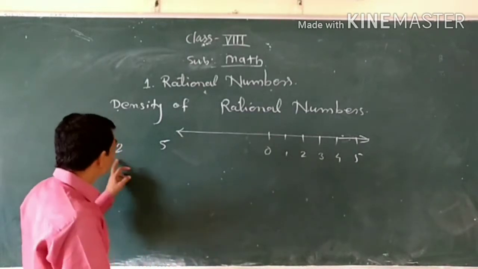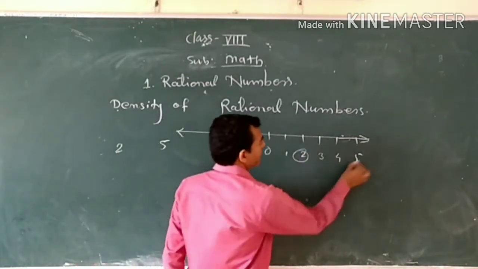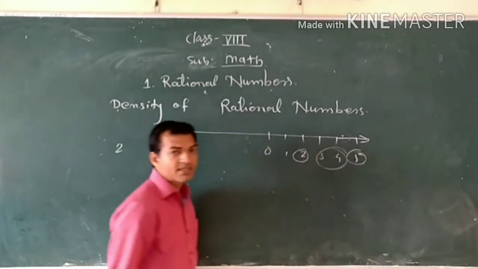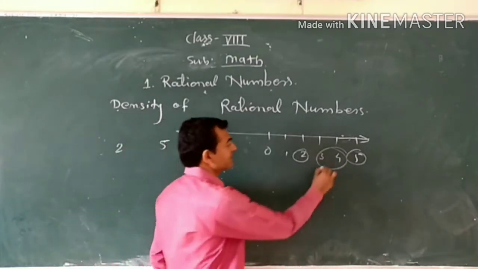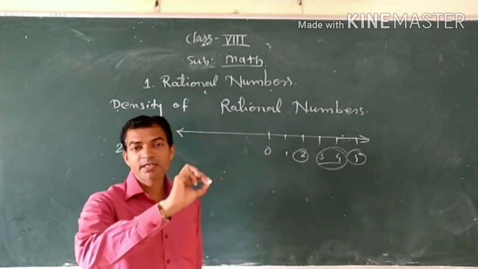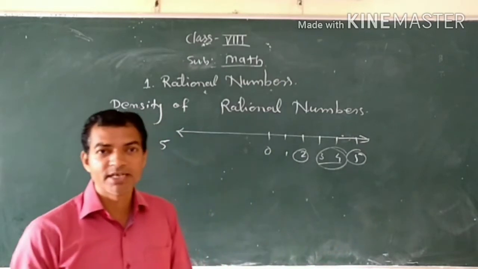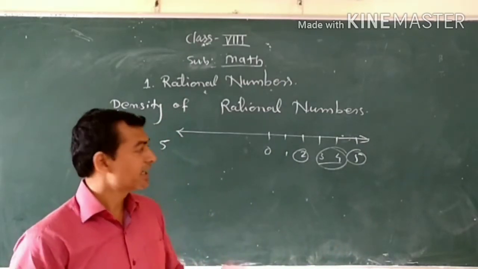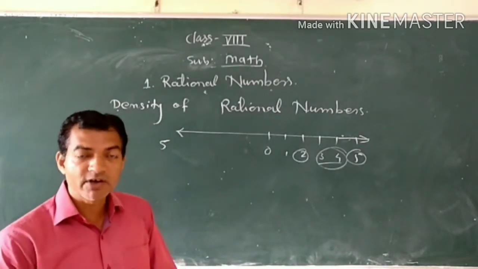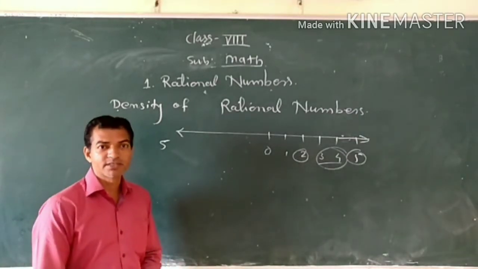Between these 2 and 5, how many rational numbers are there? There are only two rational numbers, that is 3 and 4. So that is the density of those rational numbers. Like this you have to find the density of rational numbers.